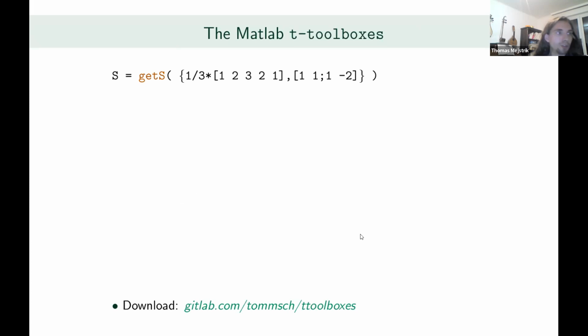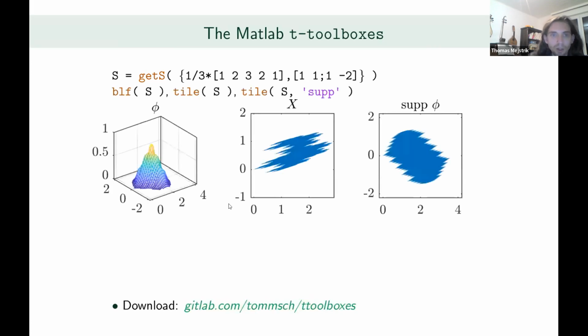So everything you've seen is implemented in MATLAB in the T toolboxes, which can be downloaded here. And so there are functions to work with subdivision schemes, functions to plot the limit functions, or the vector x, the set of all fractional points with respect to some matrix space, or the support of the limit functions.